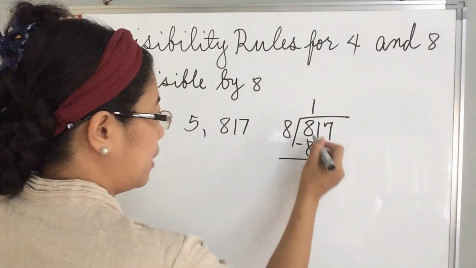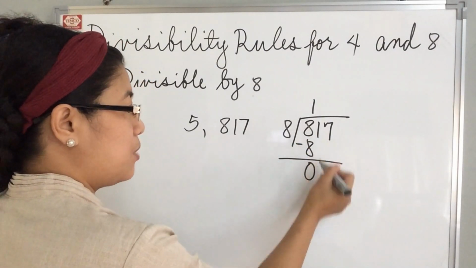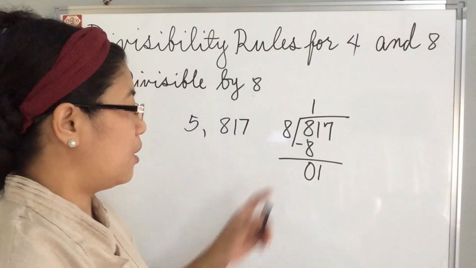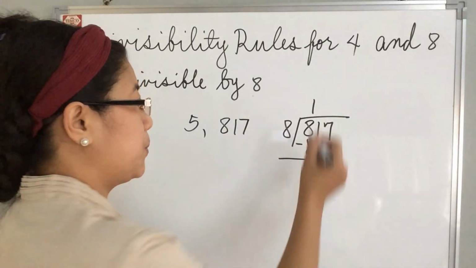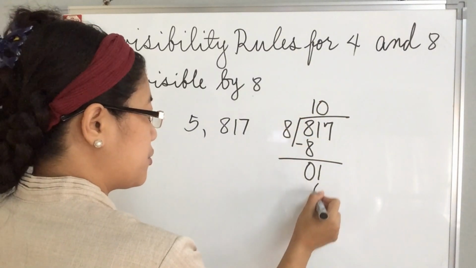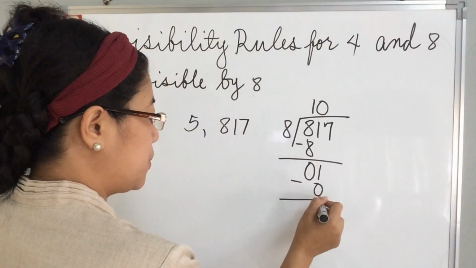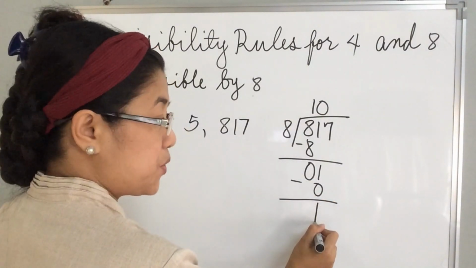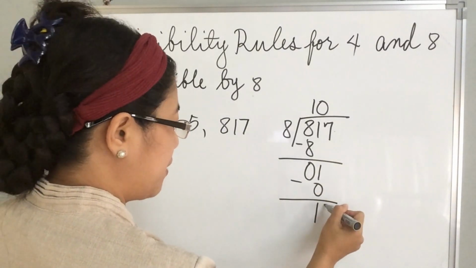Subtract. 8 minus 8 is 0. Bring down 1. Okay. 1 divided by 8 is 0. 0 times 8 is 0. Subtract. 1 minus 0 is 1. And bring down the last digit there, which is 7.